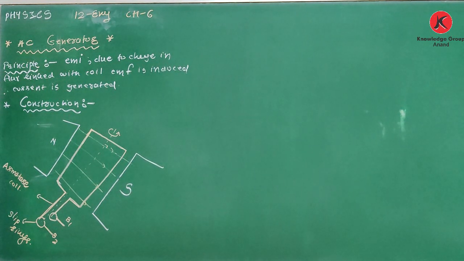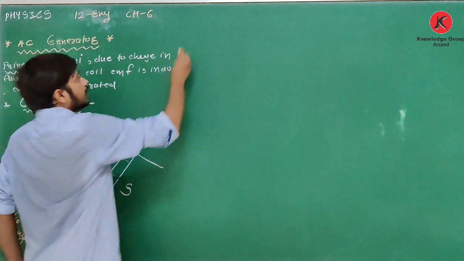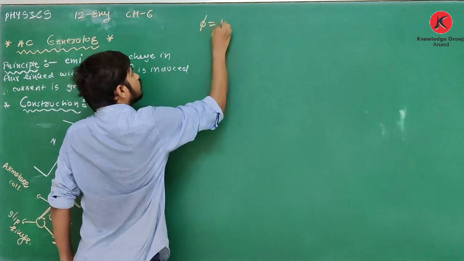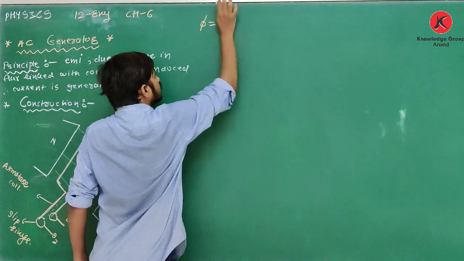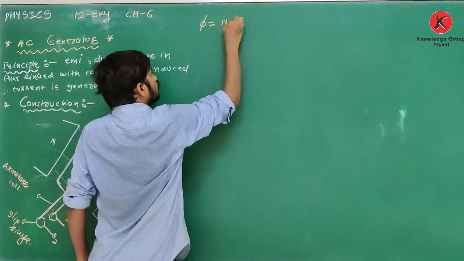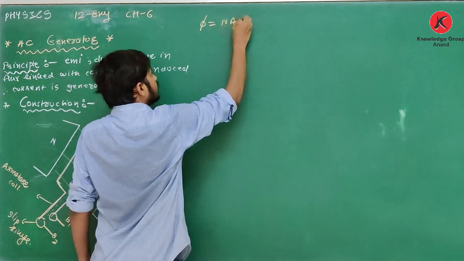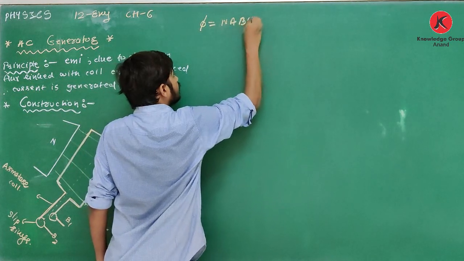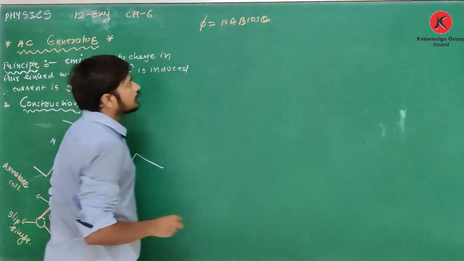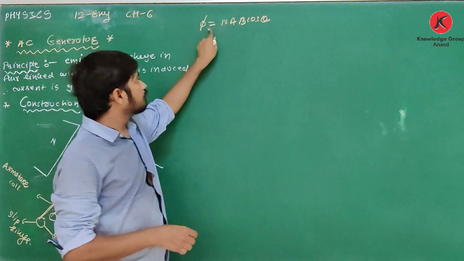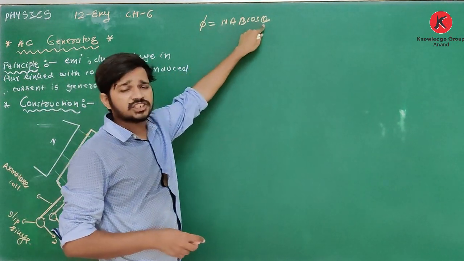So as this coil rotates, the angle between area vector A and magnetic field B continuously changes. Yes or no? Because we know that flux phi is equal to, if there are n total turns, n A B cos theta. So flux changes when there is a change in theta.